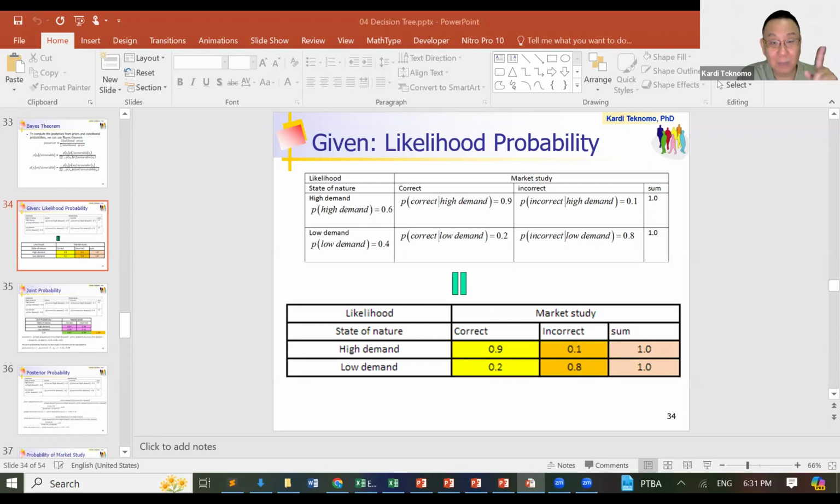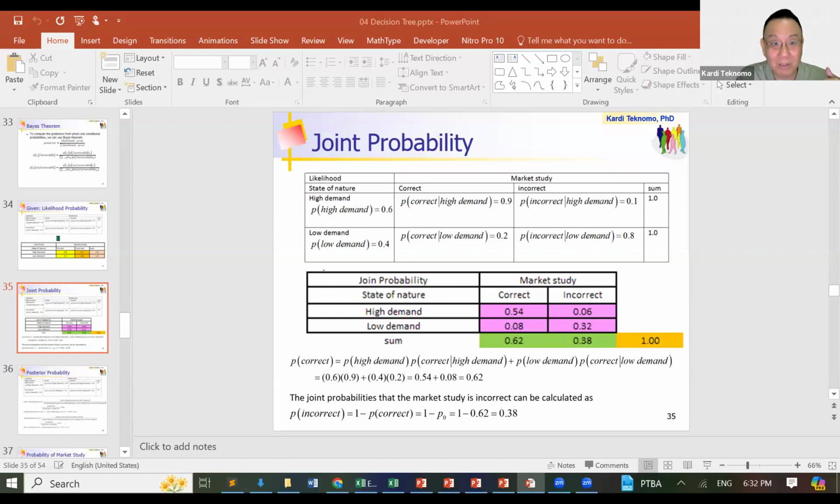Given that this is high demand, what is the probability that this is correct? Given that you already know that this is low demand, what is the probability that this is correct? Or incorrect is the other way around, so this is just one minus, isn't it? So based on this, you compute the joint probability. It is just multiplication of this.